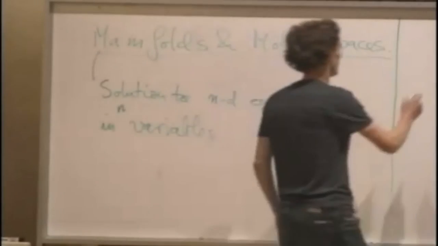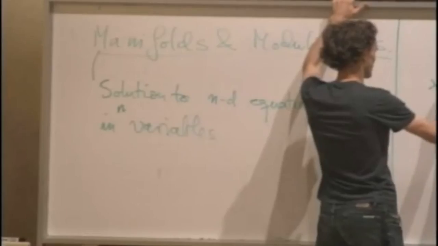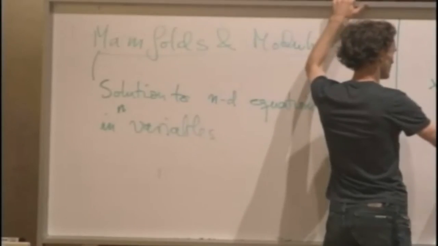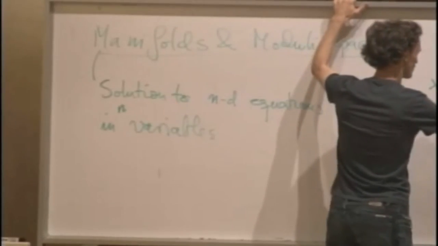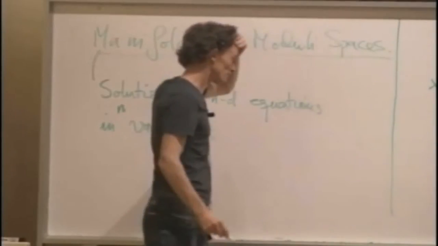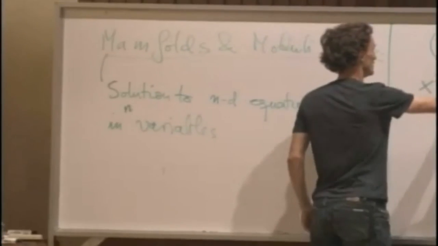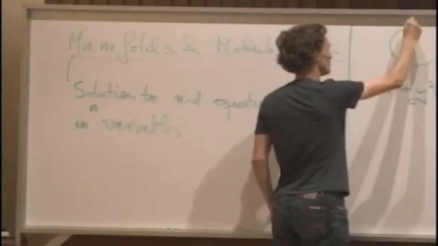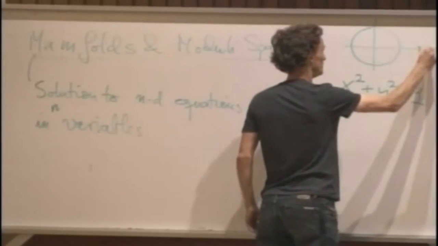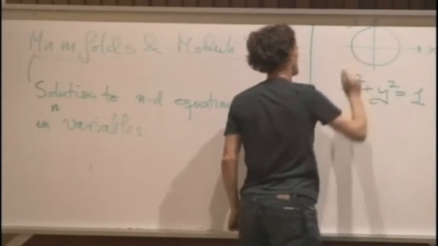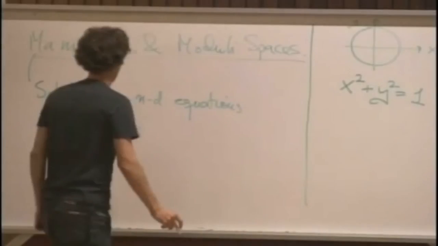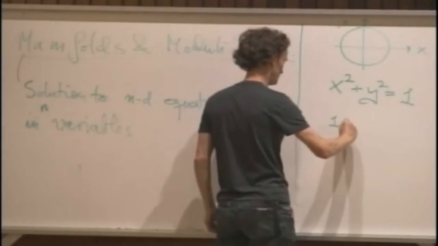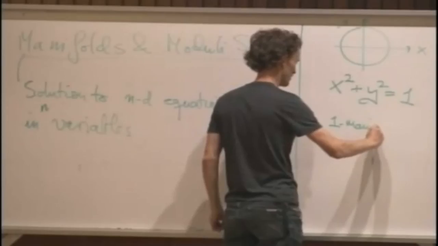So, first example you see in a class of manifolds is probably this equation. X squared plus y squared equals 1. This circle. And this is a one-dimensional manifold.